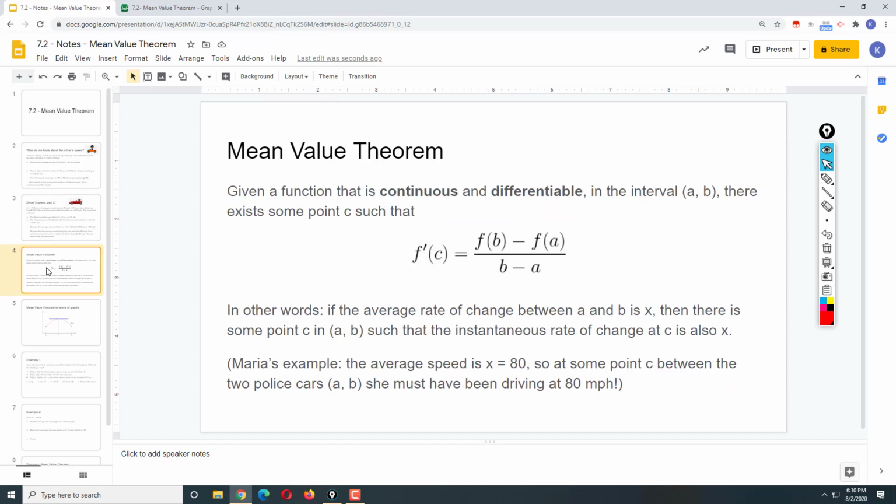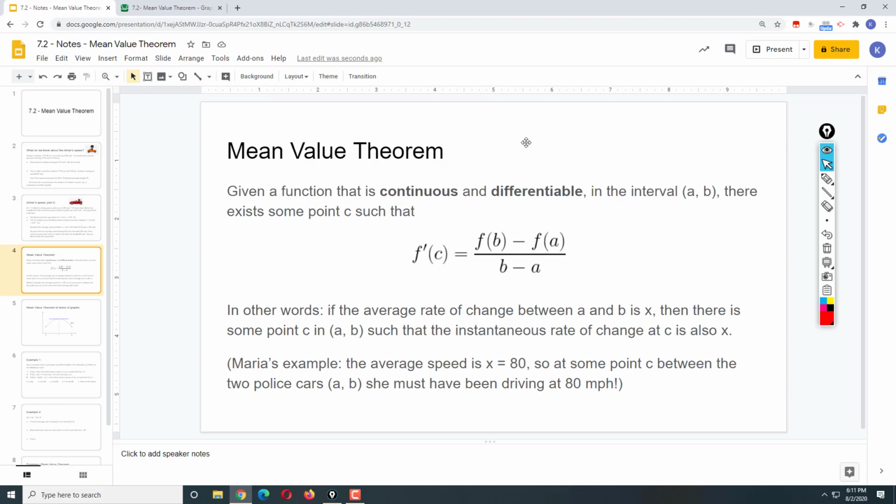What did we learn? We actually learned the mean value theorem. The mean value theorem says this. Given a function that is continuous and differentiable, in fact, it only needs to be continuous and differentiable in that interval, including a and b for one of them. But let's just say the entire function is continuous and differentiable.